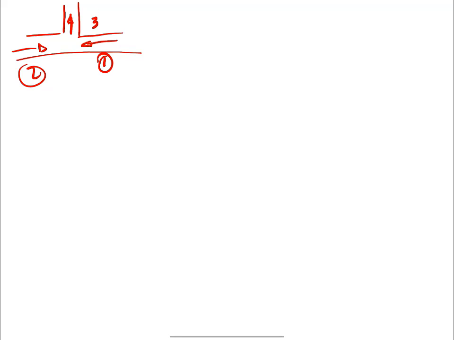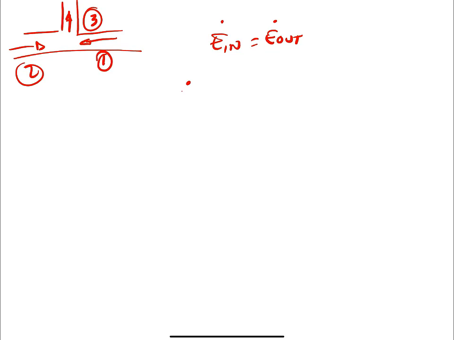But let me just write the equation again one more time. So we have something like this, and this is 1, this is 2, and this guy is 3. What I had was energy that comes in is equal to the energy that comes out. Therefore, I get mass flow rate 1 H1 plus mass flow rate 2 H2 equals mass flow rate 3 H3.